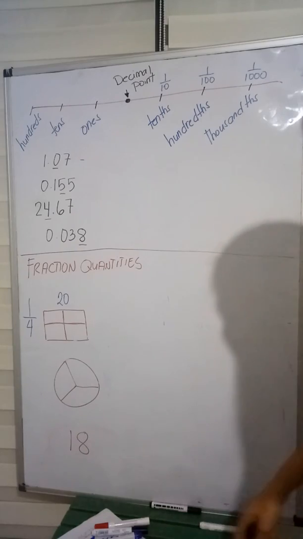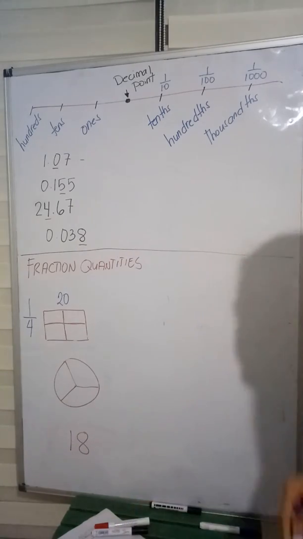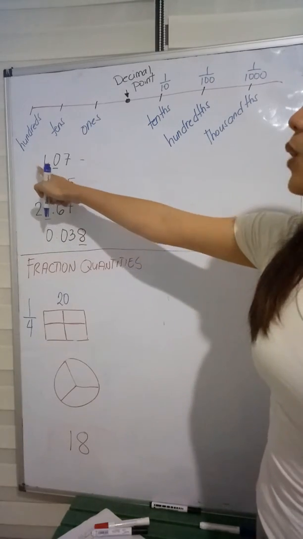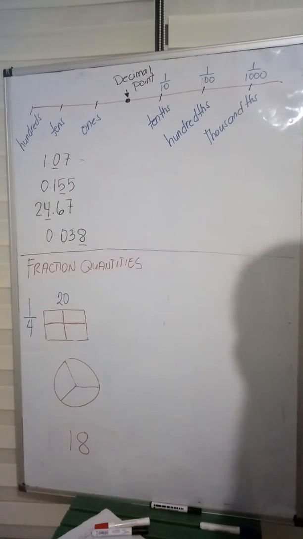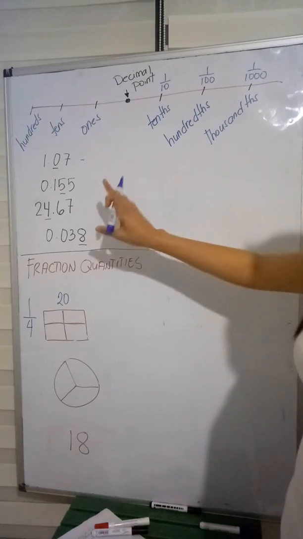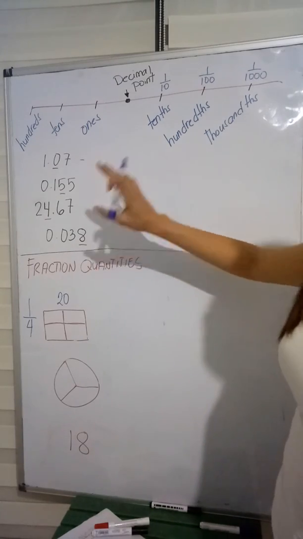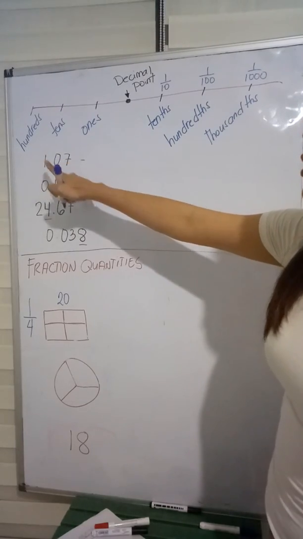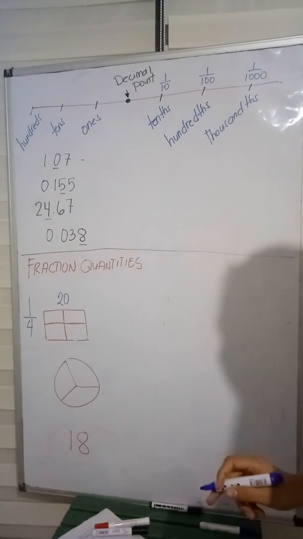Now, this is just a very easy exercise. Here, we have a given number, 1.07, and the digit that is highlighted or underlined is 0. So what is the place value of 0?